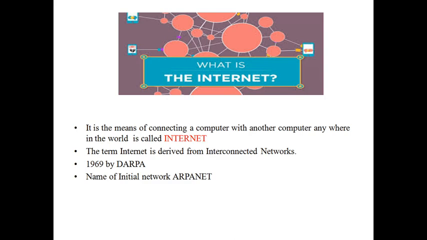Internet was launched in 1969 by Defense Advanced Research Project Agency called DARPA. Initially, the name of the internet was ARPANET, Advanced Research Project Agency Network.